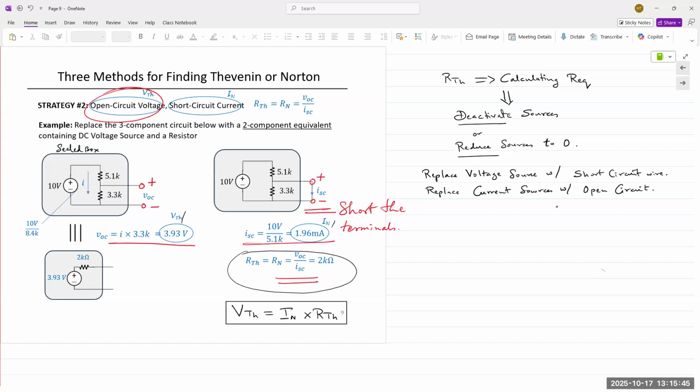Okay. Replace voltage sources with a short circuit wire and replace current sources with open circuit.